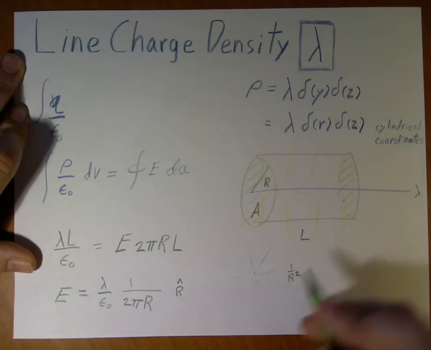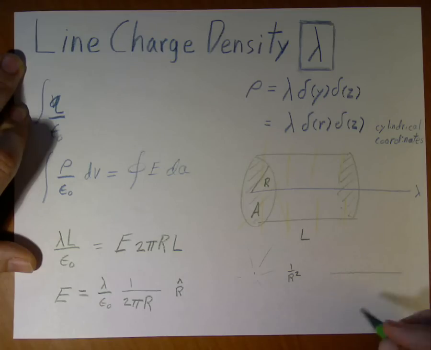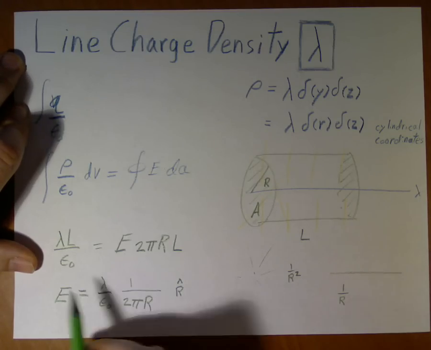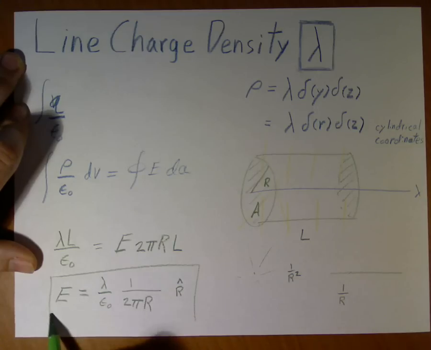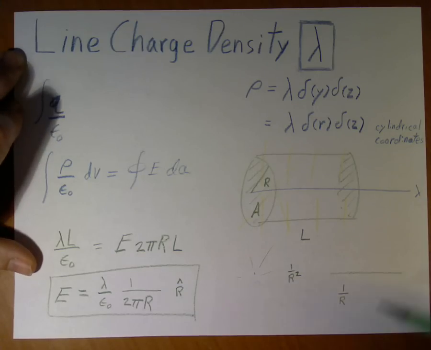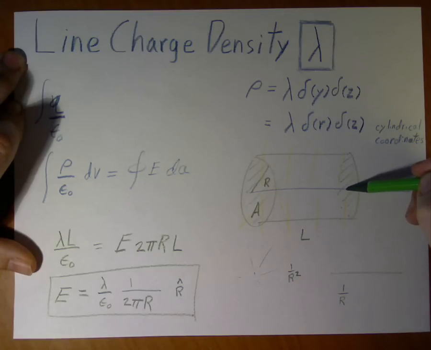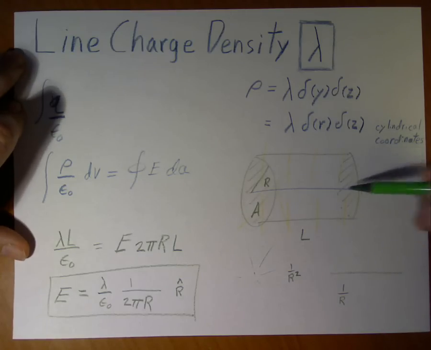In this case, for a line charge, the electric field diminishes at a rate of 1 over r. It diminishes more slowly. This is the correct electric field from the line charge.